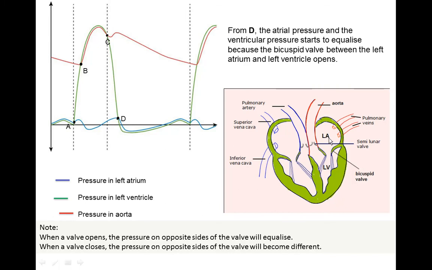So when left atrial pressure equalizes with pressure in the left ventricle, it means that the bicuspid valve has opened. So at point D, the bicuspid valve is open. Right? From point D, the atrial pressure and the ventricular pressure starts to equalize because the bicuspid valve between the left atrium and the left ventricle opens.